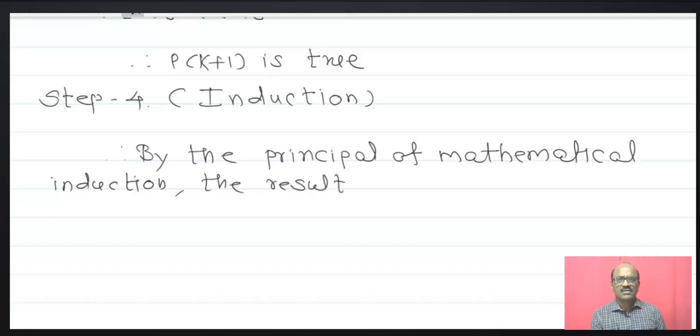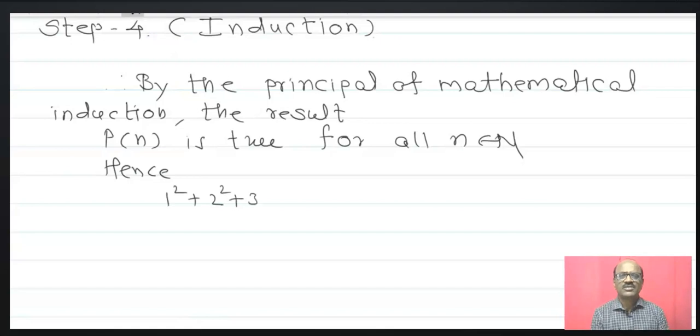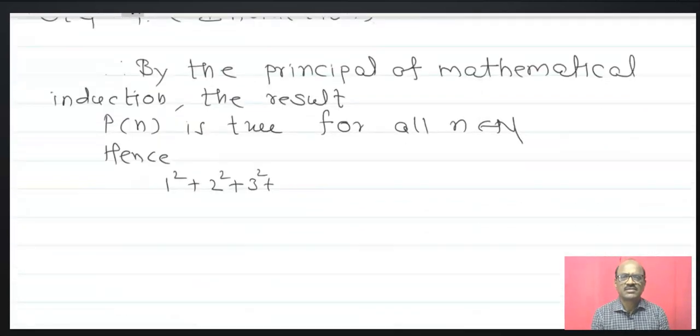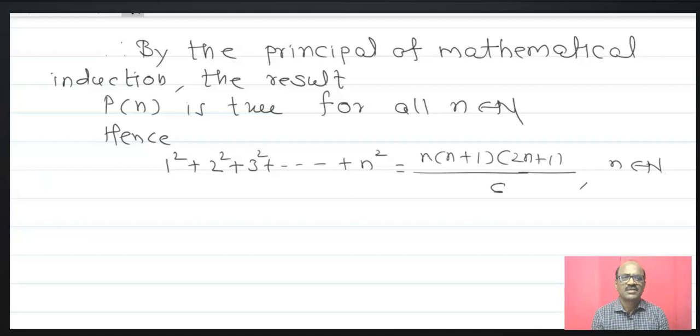The result P of n is true for all n belongs to capital N. Hence, 1 square plus 2 square plus 3 square dash up to n square, that is equals to n in bracket n plus 1, 2n plus 1 upon 6, small n belongs to the capital N.